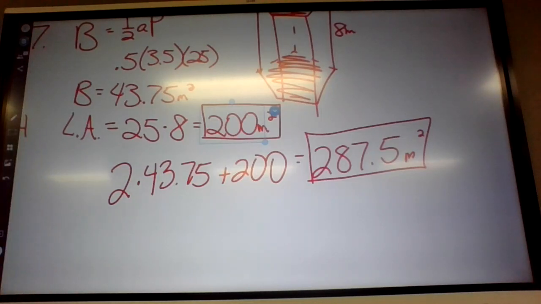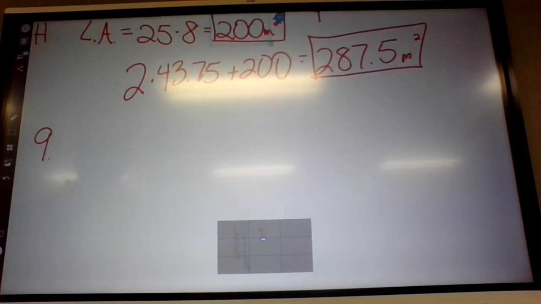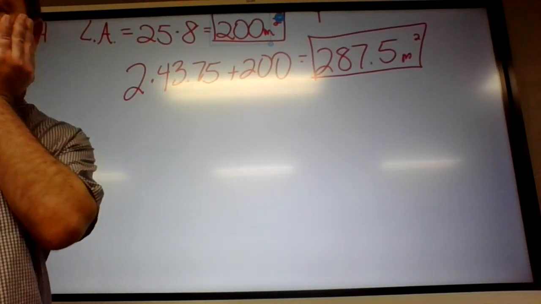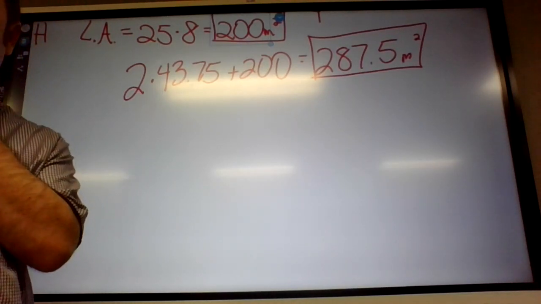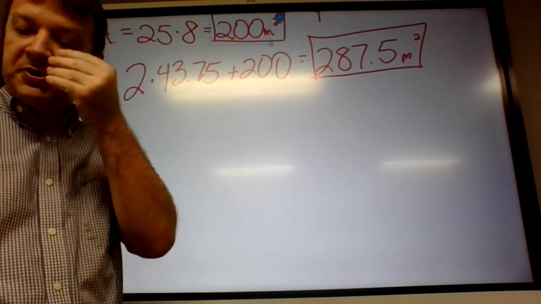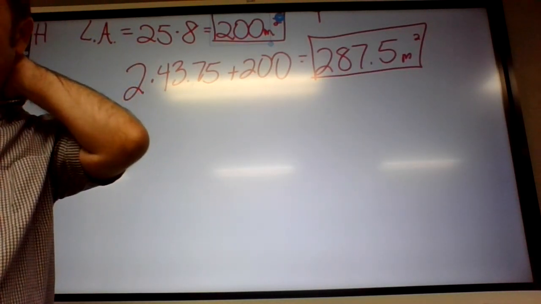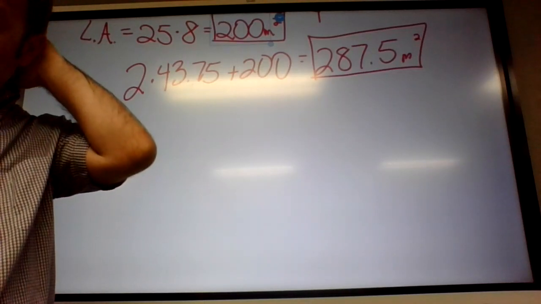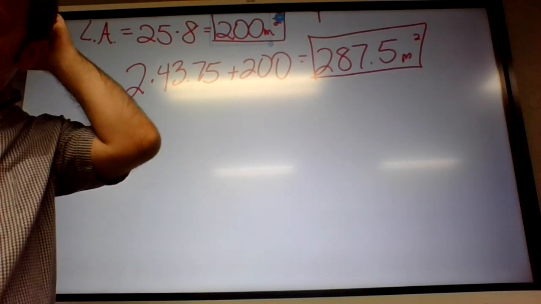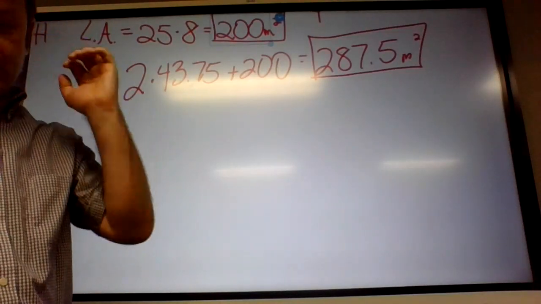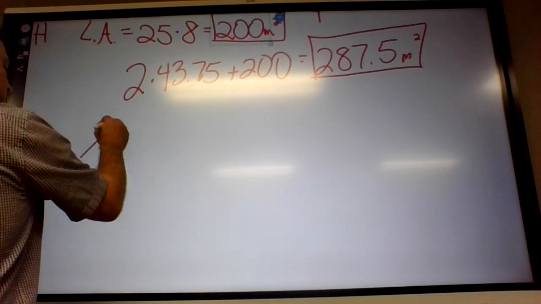Okay, number 9. Nine is kind of the same thing. It's a hexagonal prism instead of a pentagonal one. Maybe I should do 8 instead of 9. Maybe not. Ugh, what pain. Let me do a quick sketch.